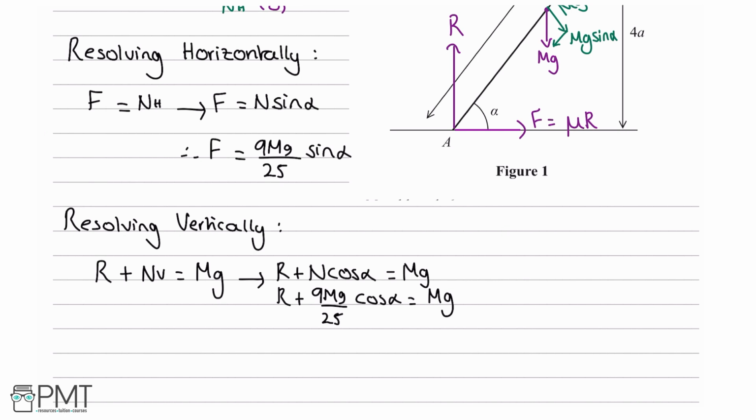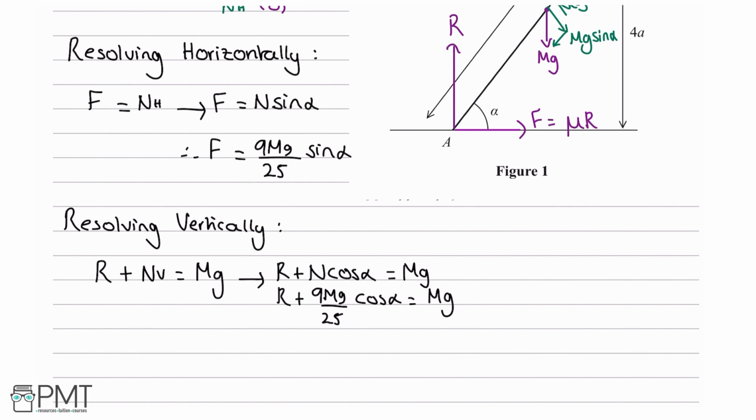What we can now do is use our equation for the friction in terms of a force and its normal reaction, which is F equals mu R, to eliminate F and R, replace it with mu, and we can solve from that.